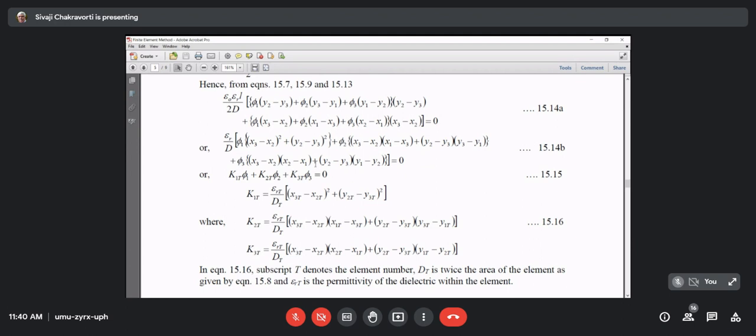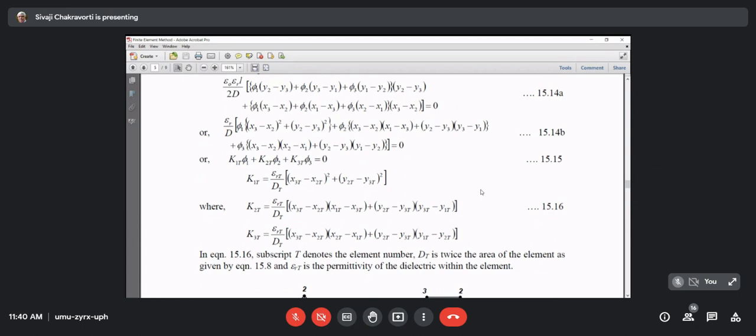So once the coordinates are known, I can get a clear expression or a value for this coefficient. Similarly for phi 2 and similarly for phi 3. And just as a tip, if you look at these equations, you will always see that there is a cyclic order formation. Very clear, it is easy to follow that.